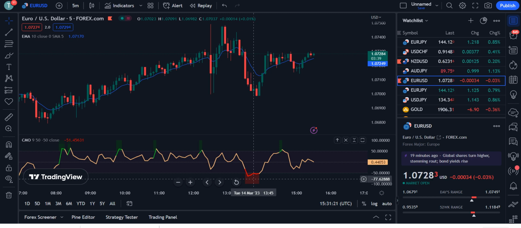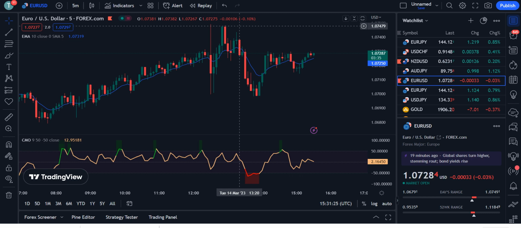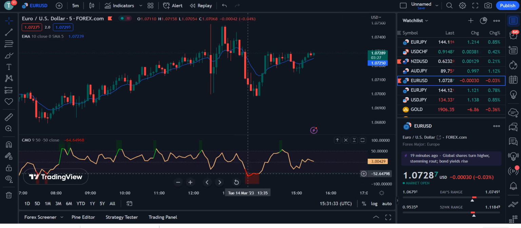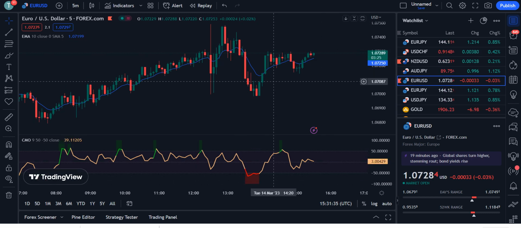Usually this is the oversold level, so we will be confident that we have to take the trade for the sell signal. As we go down from the zero level, we have to enter into the market for the sell signal, and we have taken the maximum profit from here till here.